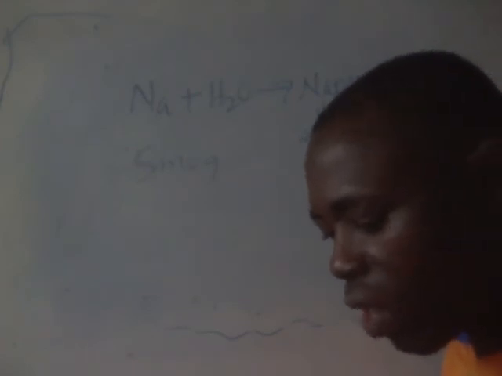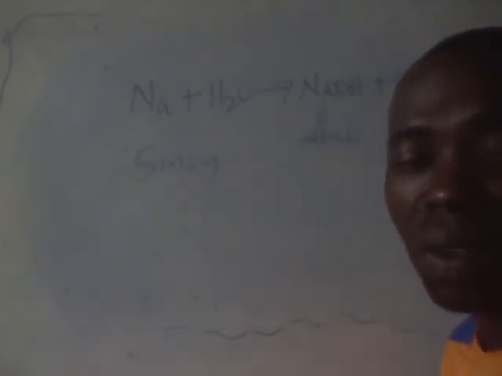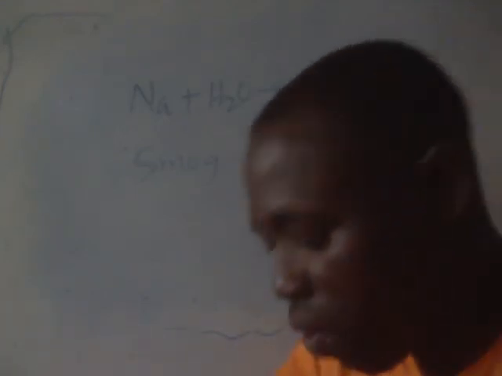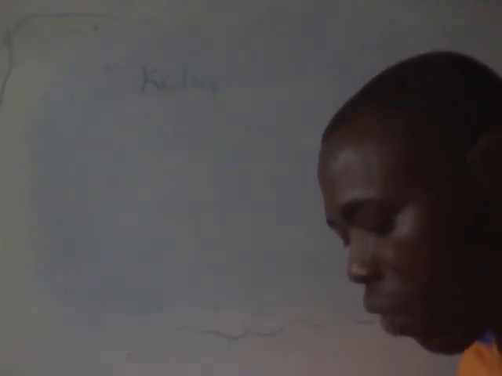Now number 38. The oxidation state of chlorine in KClO3, that's potassium trioxochlorate(V). We find the oxidation state of chlorine in this.